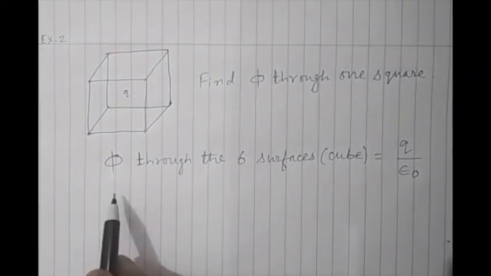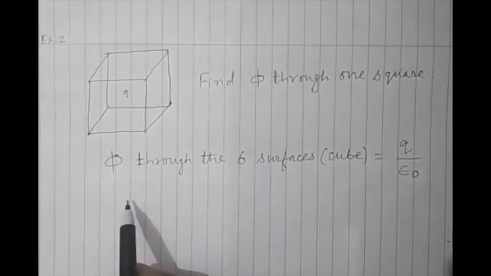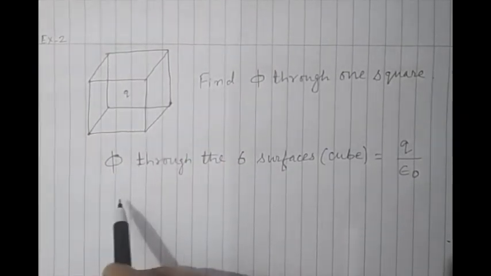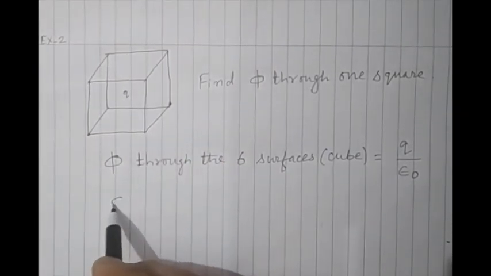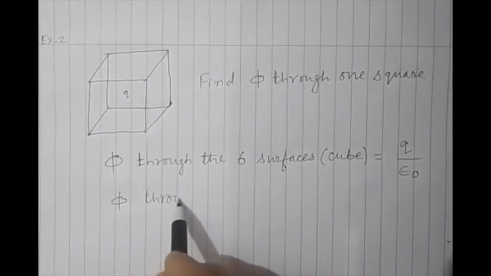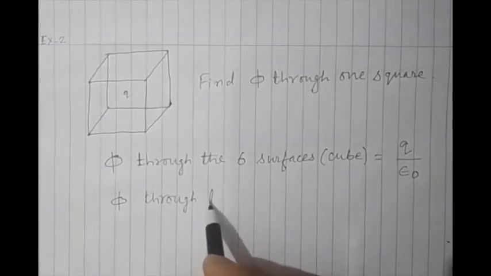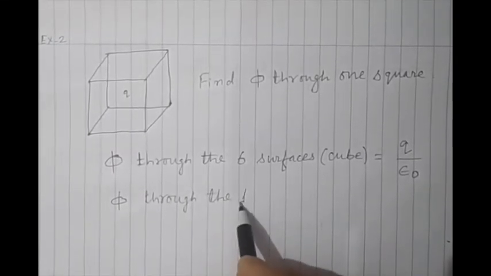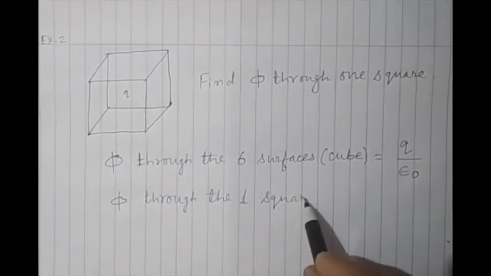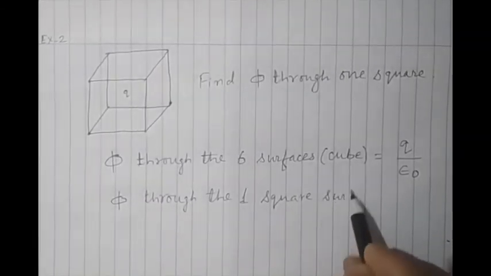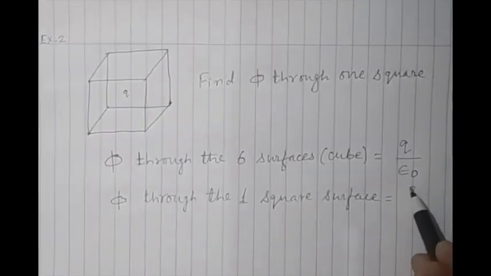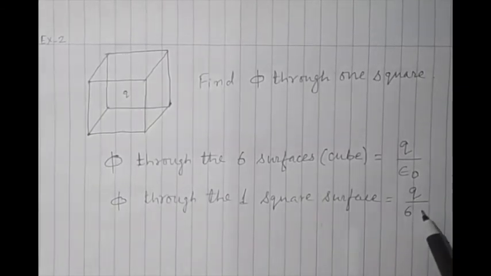So flux through one surface, one surface is square shaped, therefore flux through one square surface is equal to Q by 6 epsilon naught.